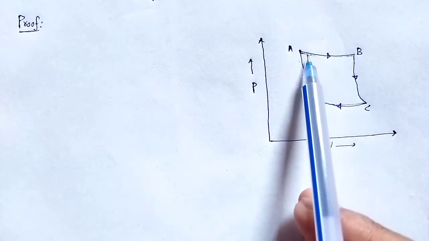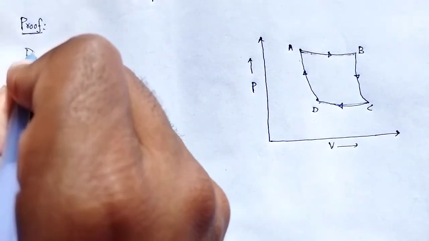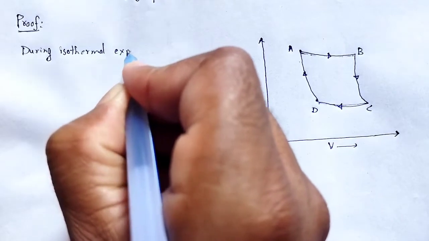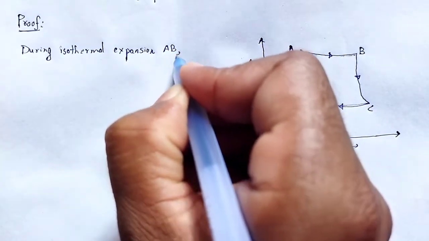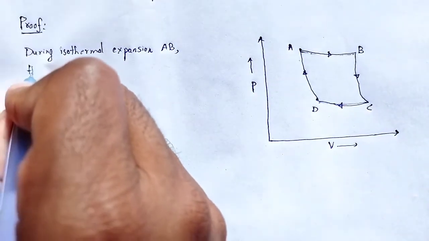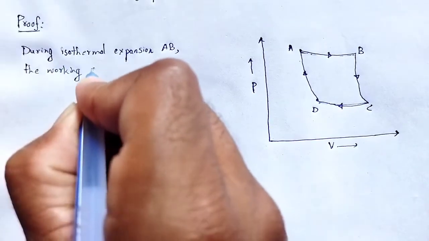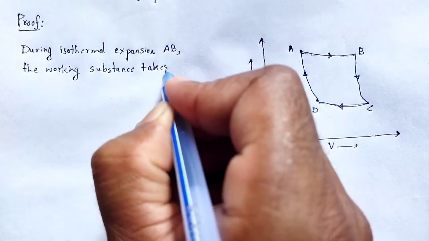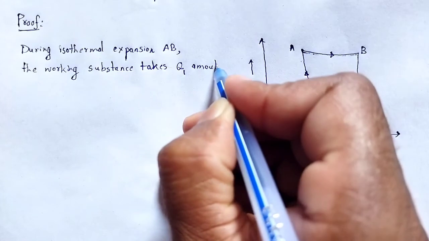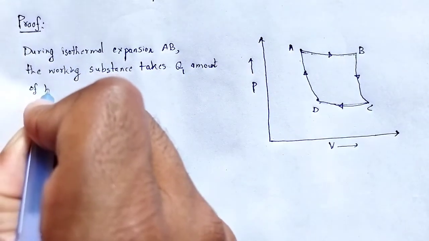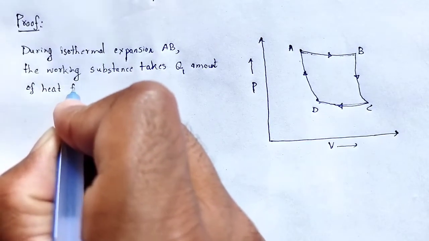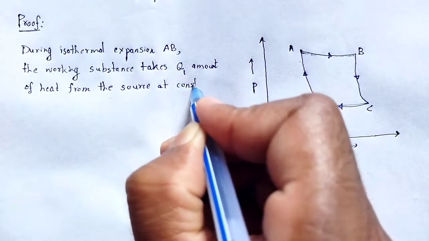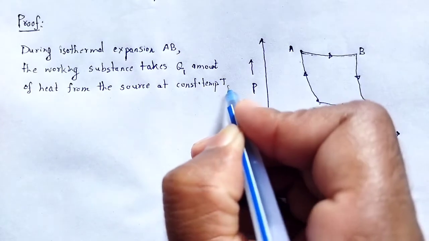We consider the processes one by one and then combine all of them. During isothermal expansion AB, the working substance takes Q1 amount of heat from the source at constant temperature T1.